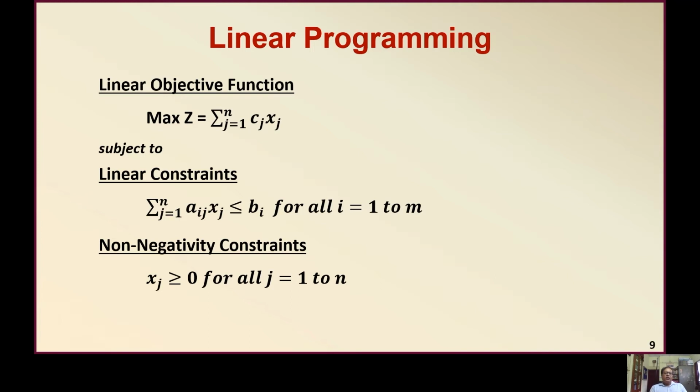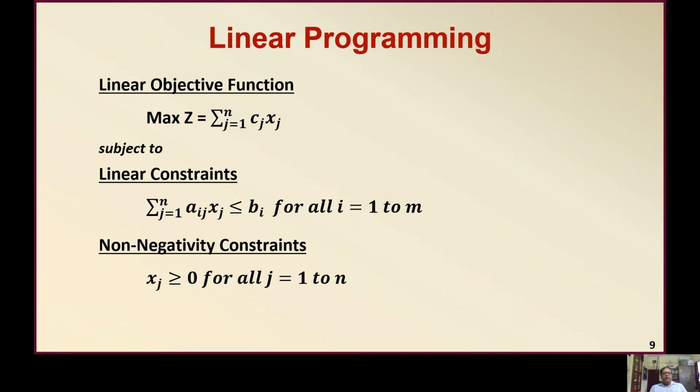And this is subject to the linear constraints. So what are these linear constraints? They are sum over j equal to 1 to n of aij xj less than or equal to bi, for all i equal to 1 to m. Here, these bi's are the resources. Suppose there are 3 resources, then there will be 3 such constraints.